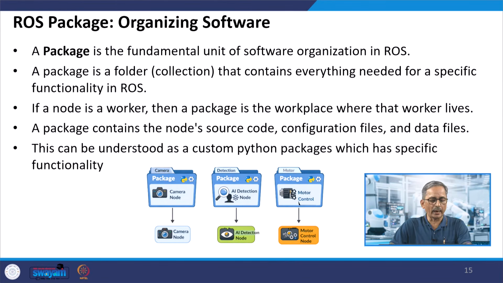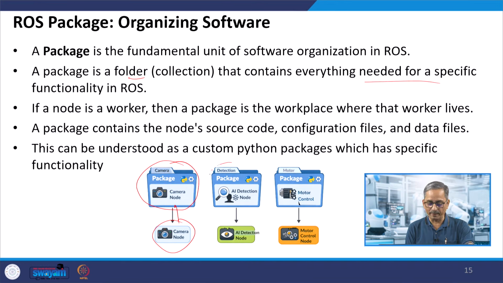Next, let us look at the ROS package. Okay. The ROS package is basically related to how the software is organized. It is nothing but a folder that contains everything needed for a specific functionality in ROS. So, for example, you have a package say for camera, and the camera module can be inside of this one.